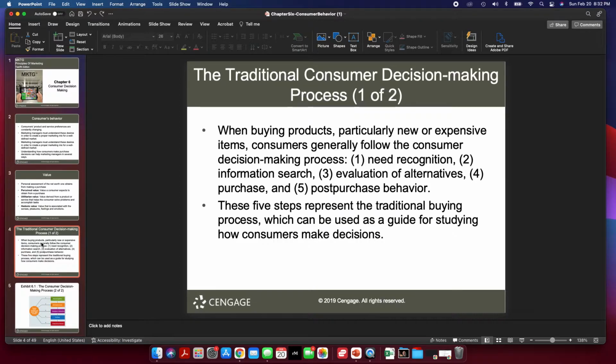Now, these 5 steps represent the traditional buying process, but I want you to understand that how somebody moves through these steps can be very quick. You can skip steps, but each person that goes through this decision-making process moves at a different rate. So it doesn't mean that everybody's going to move through this the same.